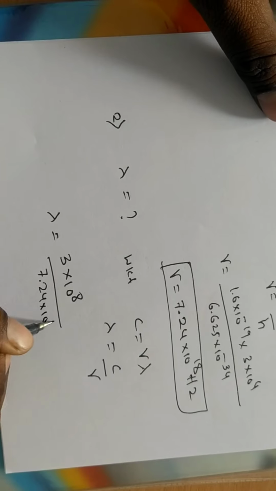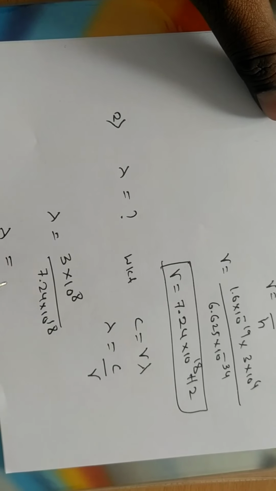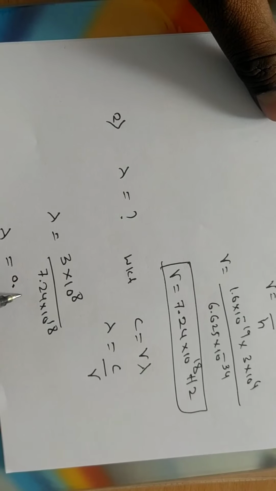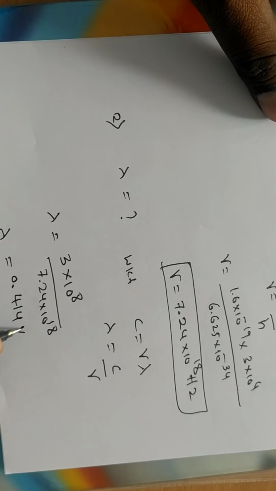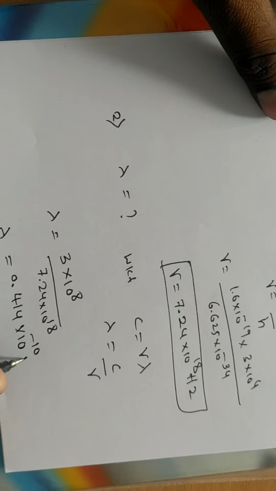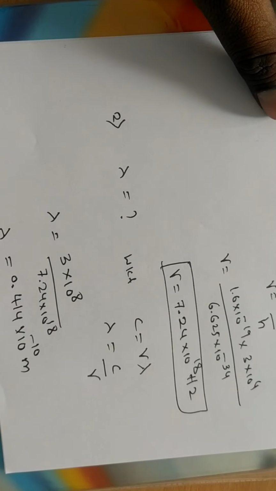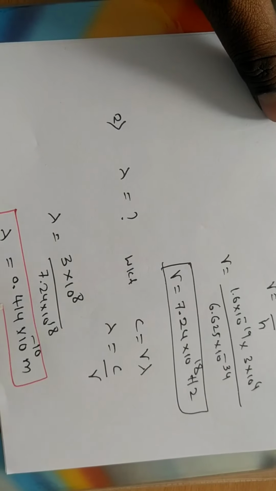After simplifying, we get the answer 0.414 into 10 to the power of minus 10 meter. Okay, this one is the final answer.